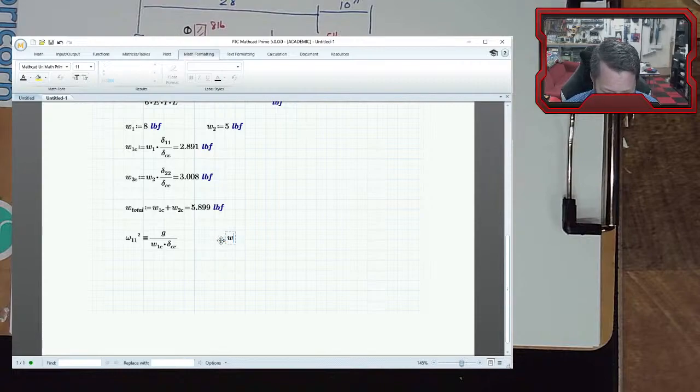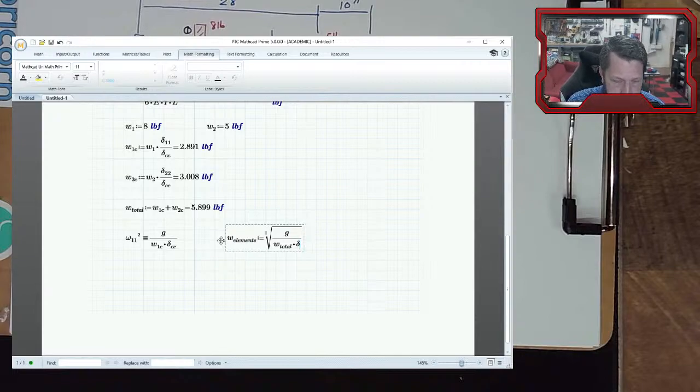In fact, I'll switch it over to elements, so all of the elements have been superimposed at the center of the beam. It's equal to the square root of G over the total weight, which I call W total, times delta CC. Delta CC has not changed, by the way, so we can leave it the same.